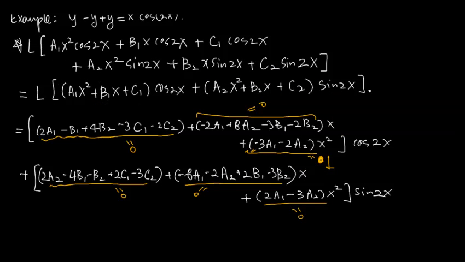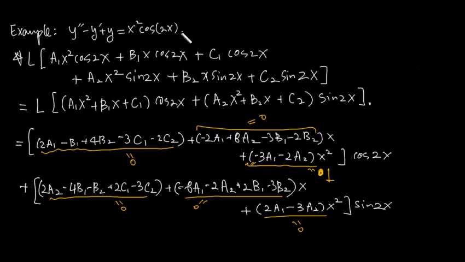Let me scroll down a little bit. We wanted to solve this non-homogeneous equation, and by trying some of our guessing, we realized that we should really try this type of example, cosine 2x, with all the lower degree polynomial terms. We should also try sine 2x with these lower degree polynomial terms like that.